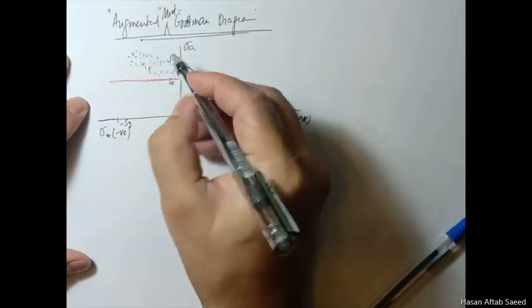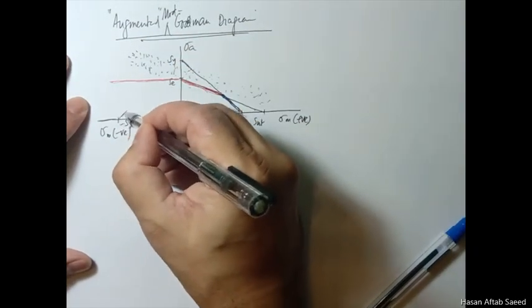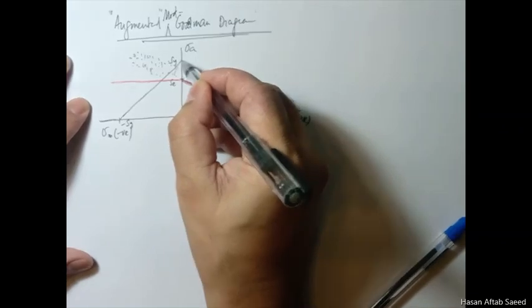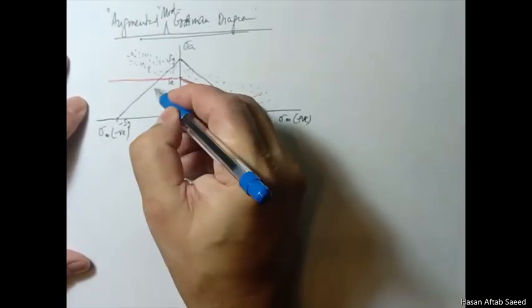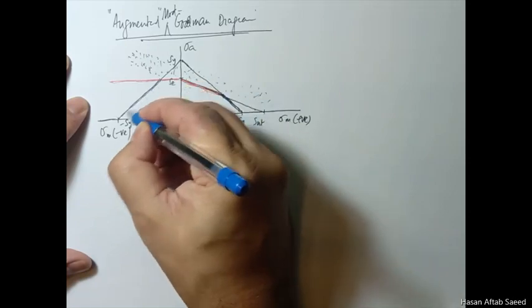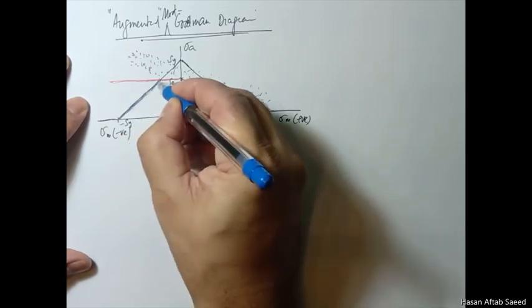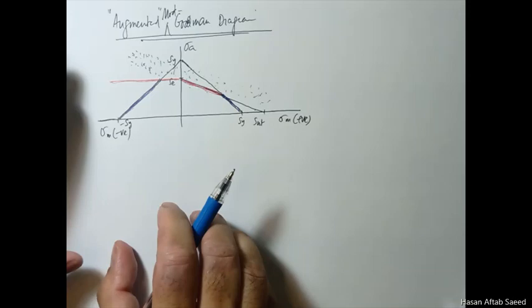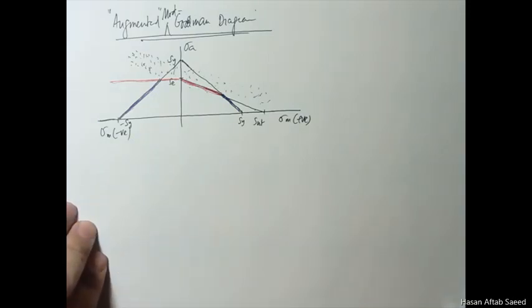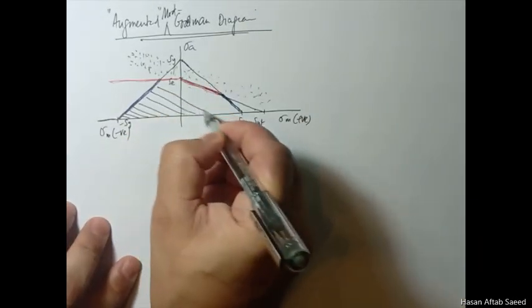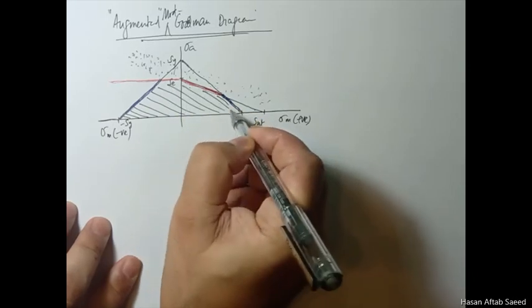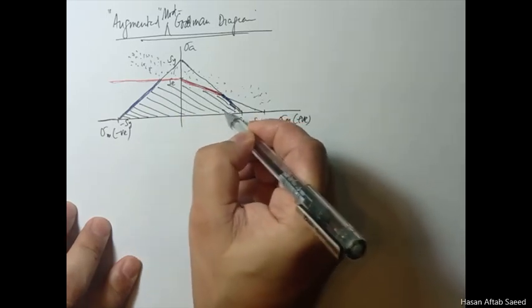This yielding can occur on this side also. So we'll again use this. So our safe region now will be, if we consider all sorts of sigma m positive, sigma m negative, this region is our safe region now.